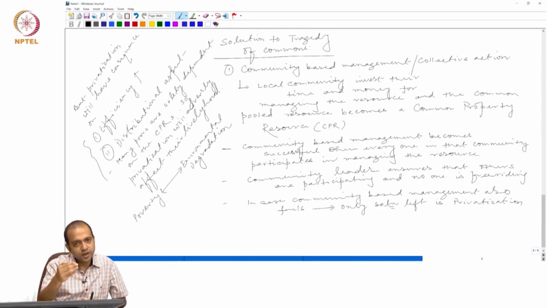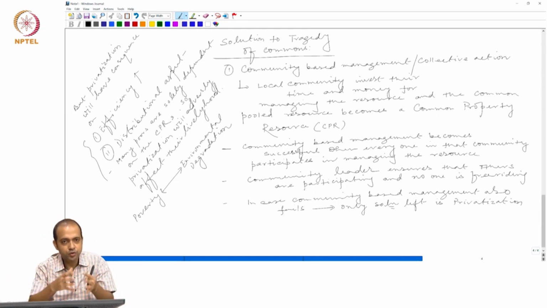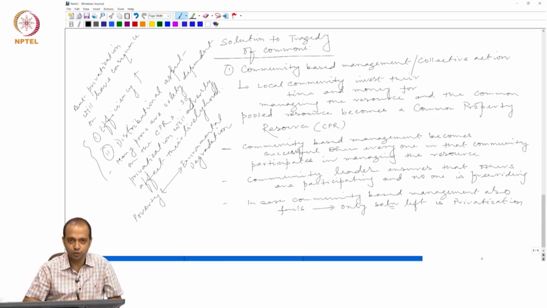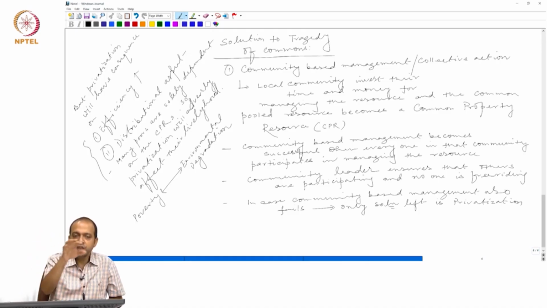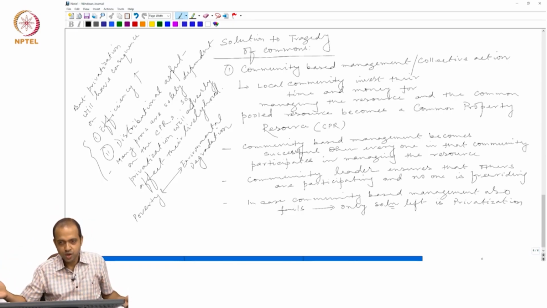They will extract the resource, and that will lead to a situation where less resource is available, which makes them even more poor, because the local resource is the only source of their livelihood.